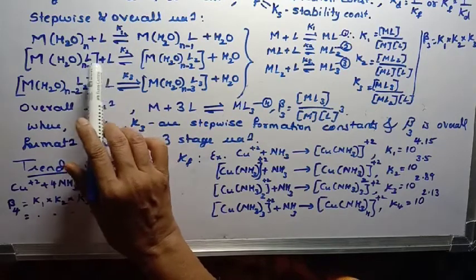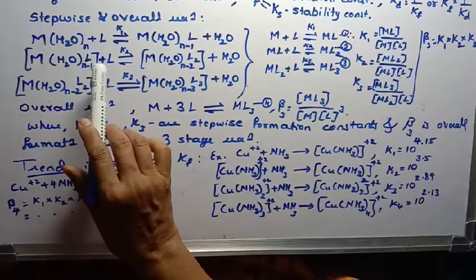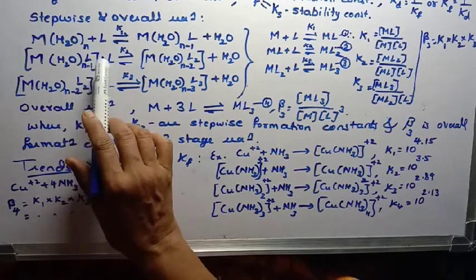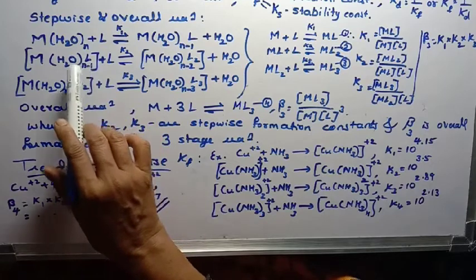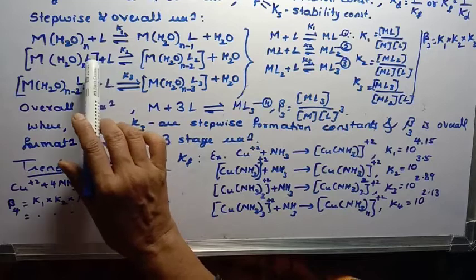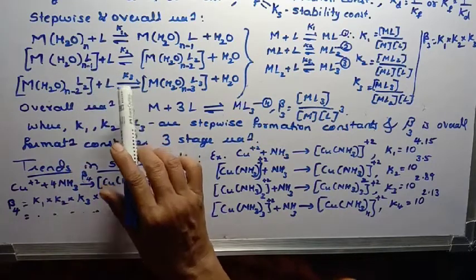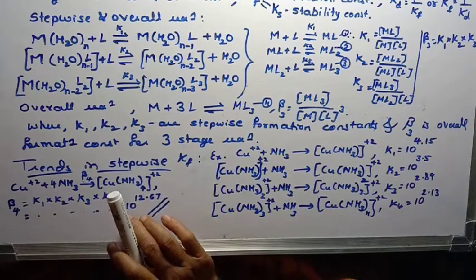This is said to be electrostatic repulsion between the reacting species, that means between the species already present with the metal ion and the entering ligand. Thereby once again there is a decrease in the formation constant.